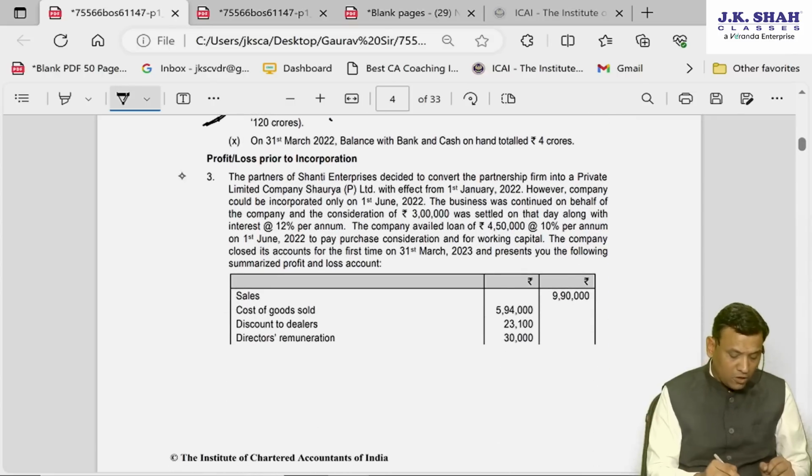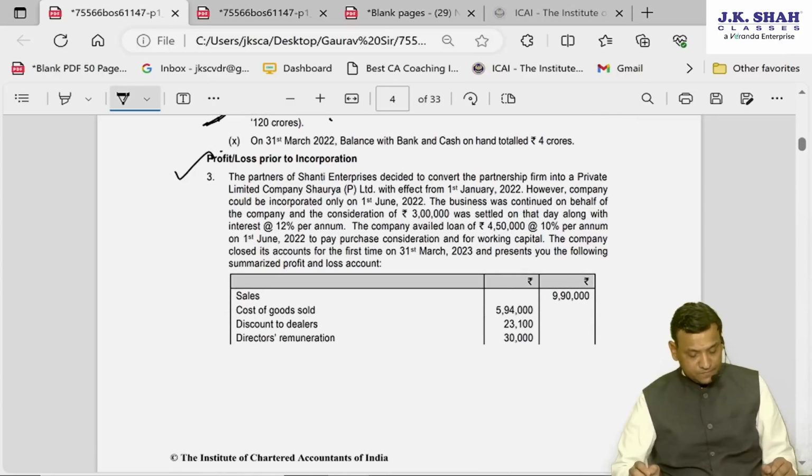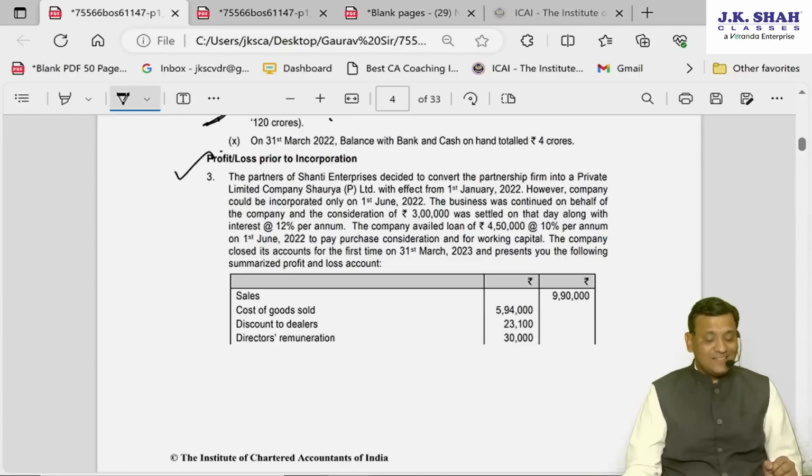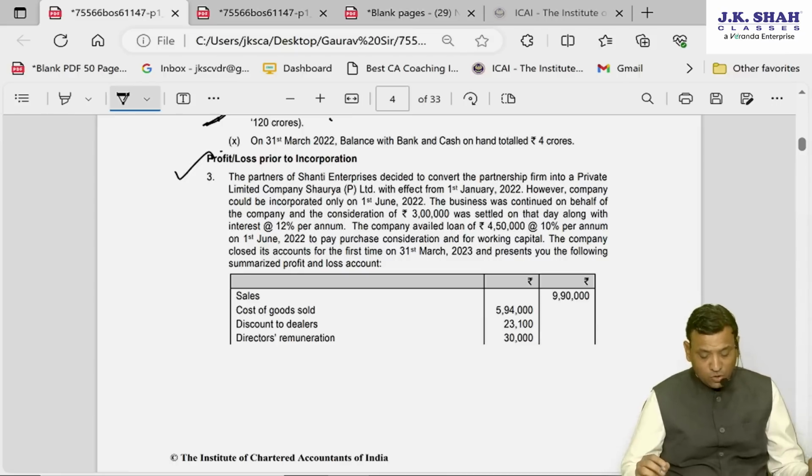It is with respect to profits prior to incorporation. The partners of Shanti Enterprise decide to convert the partnership firm into private limited company, Shaurya Private Limited, with effect from 1st January 2022. However, the company could be incorporated only on 1st June 2022.